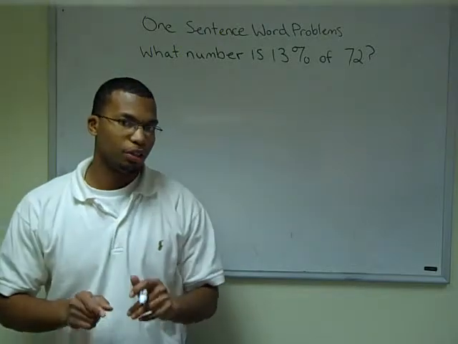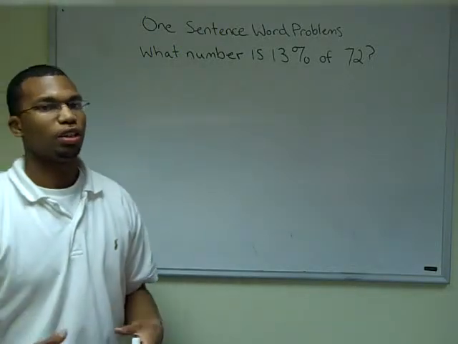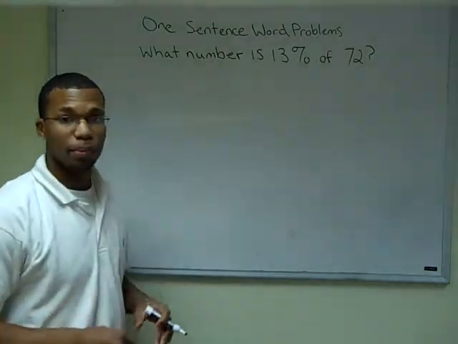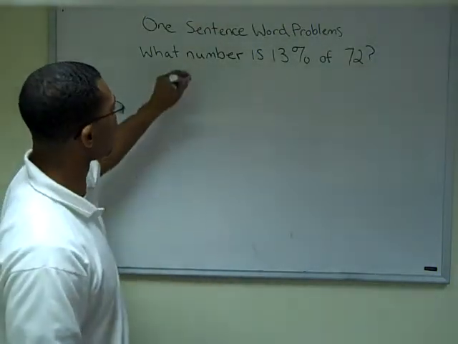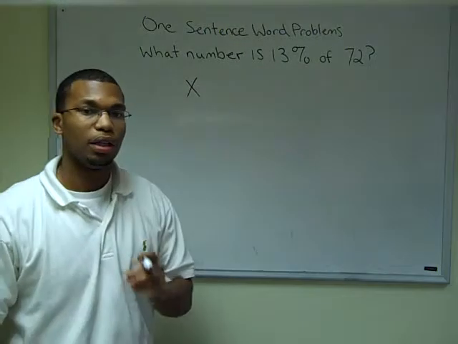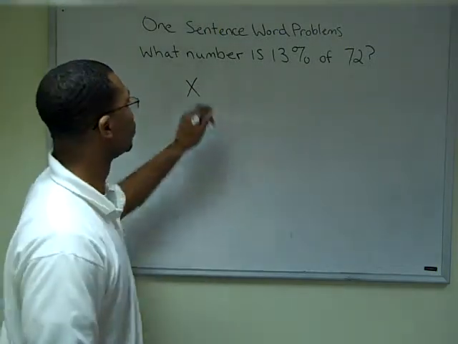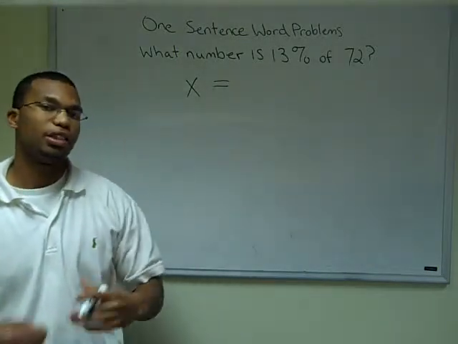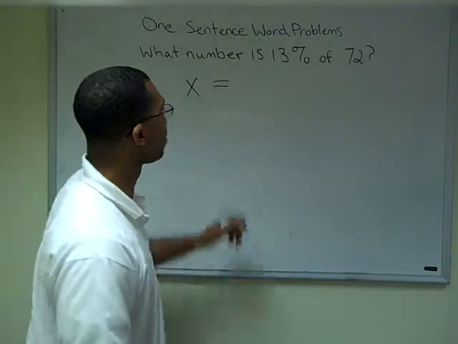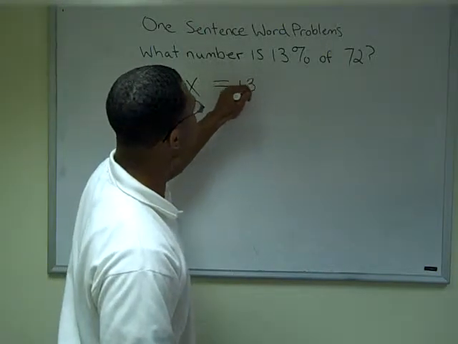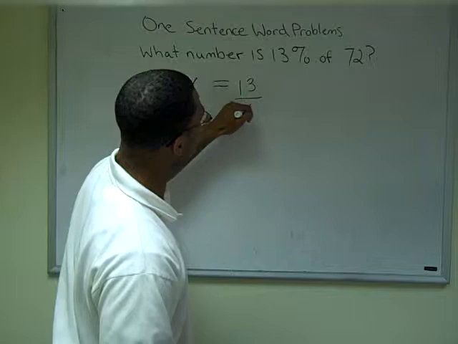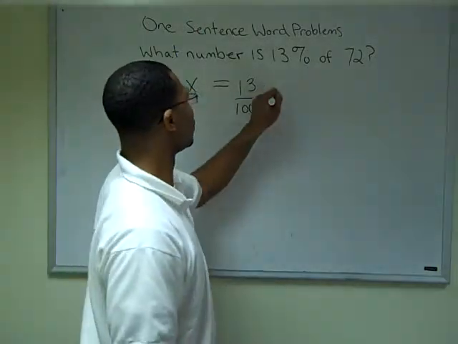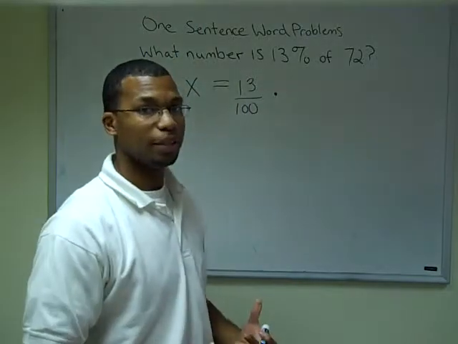So once again, we'll utilize our keywords and also cross multiplication to solve this problem. What number means the variable X. Is means equal. 13% is the same as 13 over 100. Of means multiplication in 72.